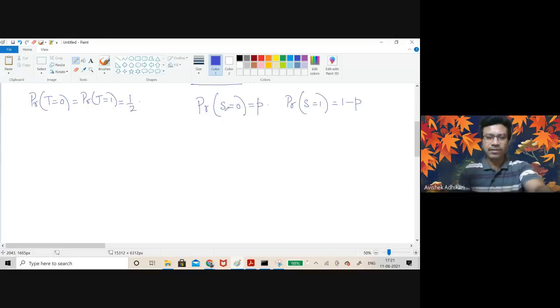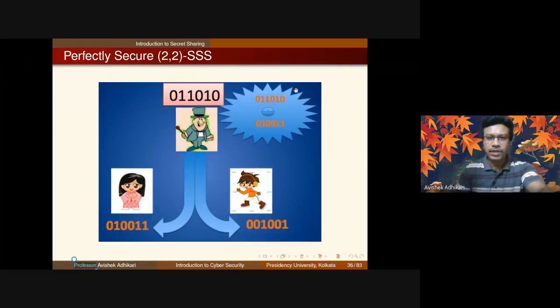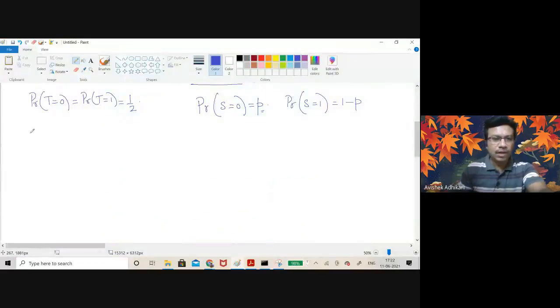So the secret bit is either 0 or 1. If this is p, then the secret bit to be 1 should be 1 minus p. Now what I am doing with this secret bit, I am making an XOR with the output of a coin tossing.